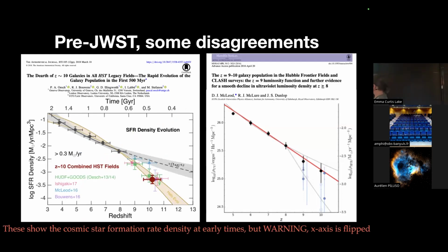Before JWST, we weren't really sure about what was happening at the very early times. So this is back to the cosmic star formation rate density plot, flipped on the axis. Sorry for that. I would have flipped these over for you, or flipped the other one. It was just going to be too complicated. For pre-JWST, they're saying, okay, well, look, dark matter halos are evolving really rapidly at these high redshifts.